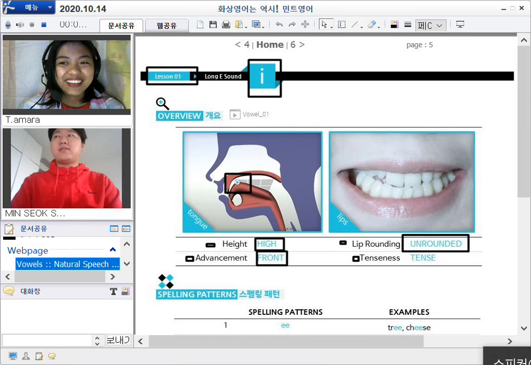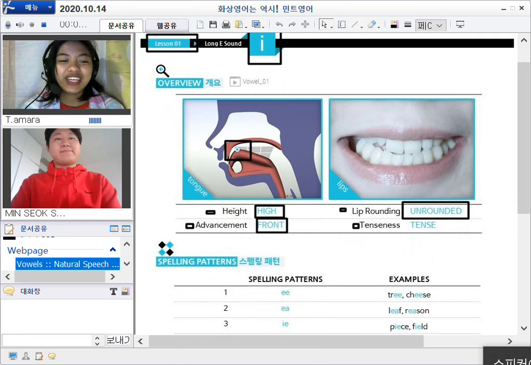I think it is less tense. That is true. So it is important that we produce the sound with a tense movement so that we can produce the proper vowel sound.